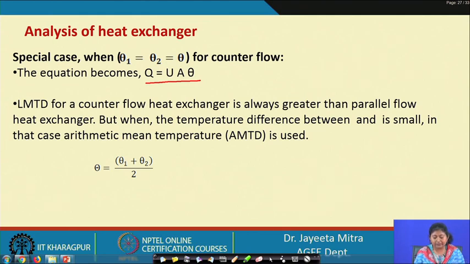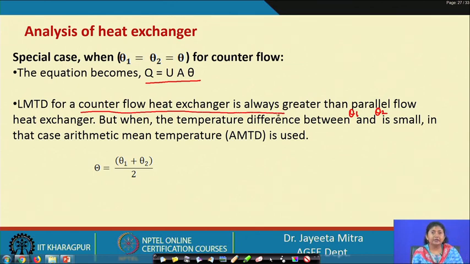That means, we will better write it as: when the temperature difference between theta 1 and theta 2 is small, in that case the arithmetic mean of the temperature is used. So, generally LMTD for a counter flow heat exchanger is greater.